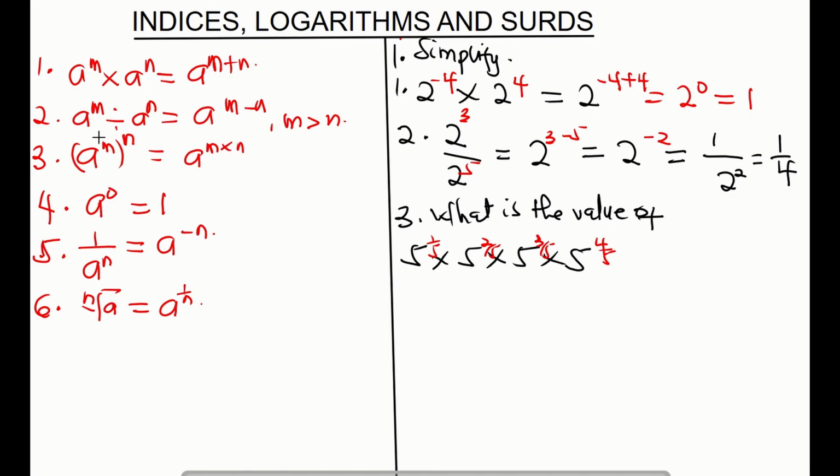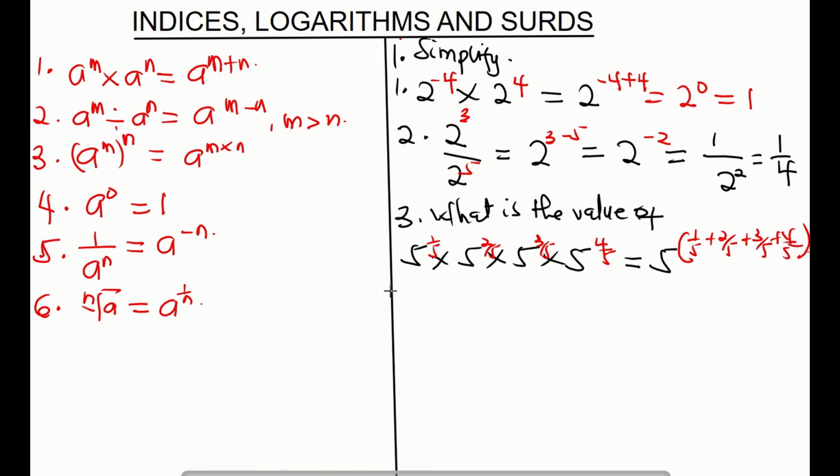By the first law, since all the bases are the same, what we can do is add the exponents. That means we are going to have 1 over 5 plus 2 over 5 plus 3 over 5 plus 4 over 5.